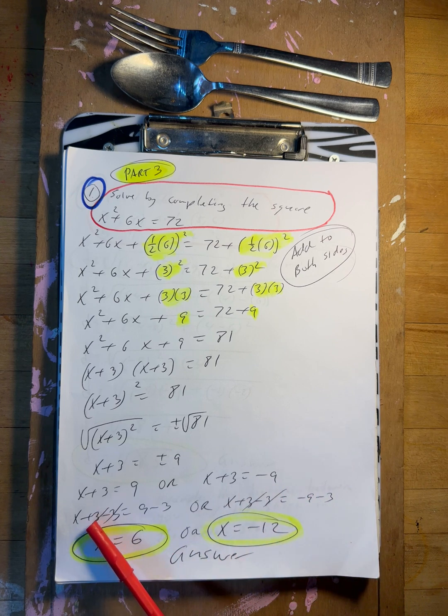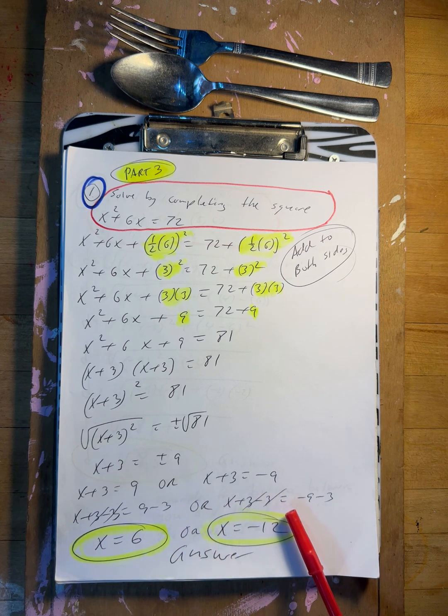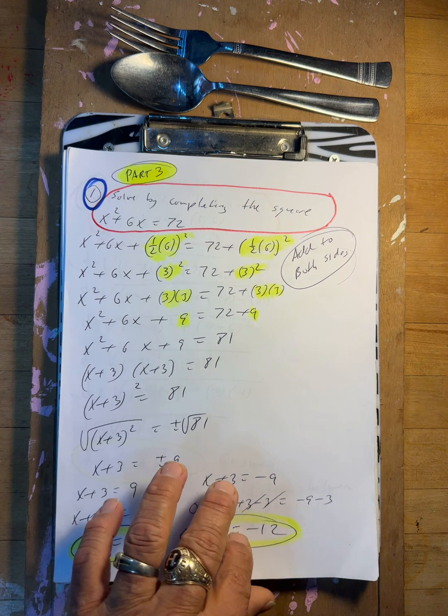So minus 3, minus 3. So this is gone. So we have x equals 6. Over here, negative 9 and negative 3 is negative 12. So 6 and negative 12 is the answer for this. So this is all by completing the square.